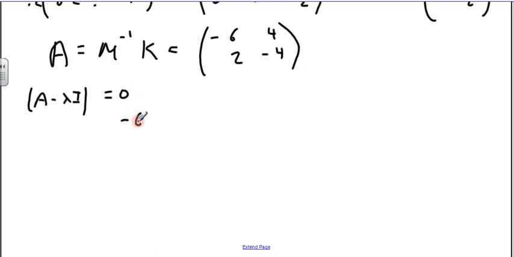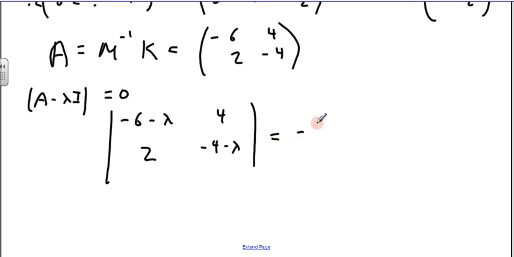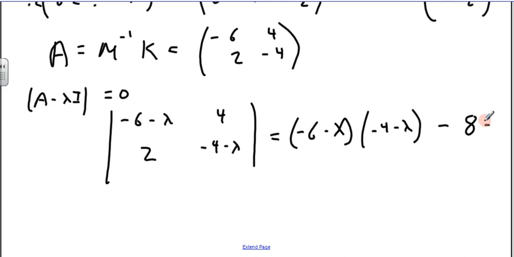Minus 6 minus lambda, 4, 2, minus 4 minus lambda, absolute value, equals minus 6 minus lambda times minus 4 minus lambda minus 8 is going to be 0.